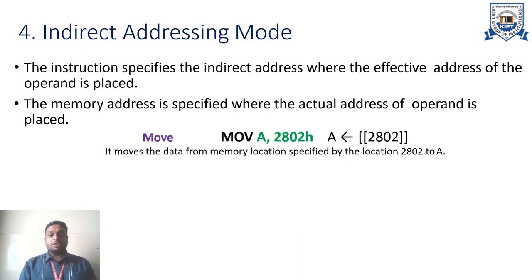In this instruction, 2802 is the address of the operand. MOV A, [2802] means 2802 contains the address of the operand. It moves the data from the memory location specified by 2802 to register A. Such representation is done by double square brackets, which represent the indirect addressing mode.